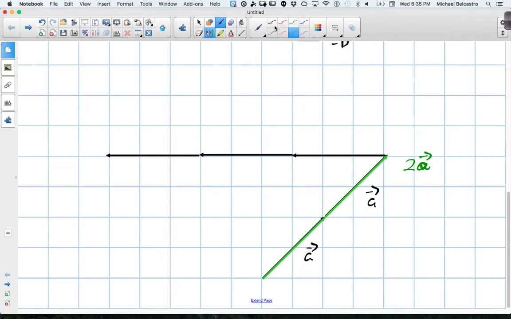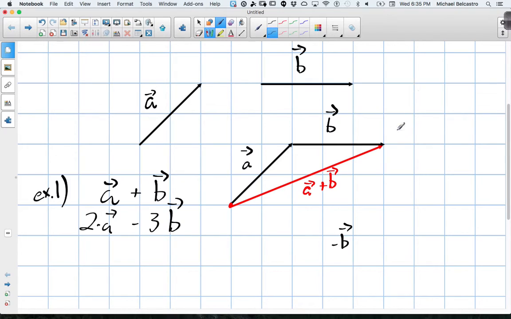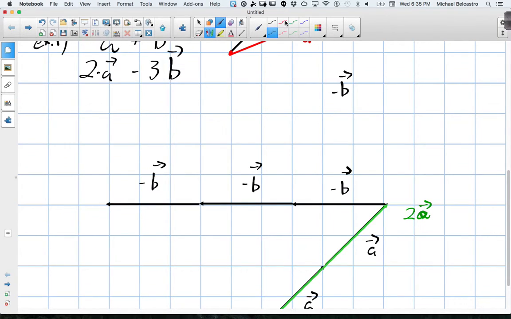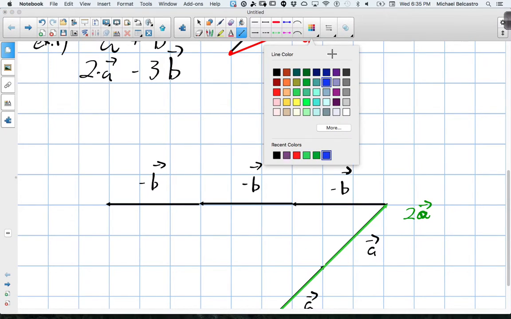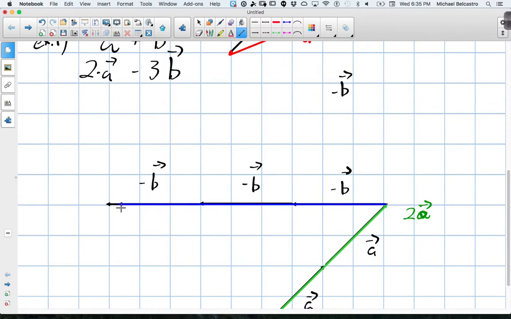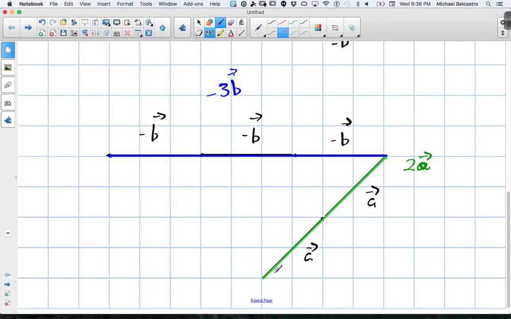It's not quite tail to tail, but as best we can here. Here's vector B. There's 2 of them. There's 3. And actually, this isn't vector B. This is vector negative B, right? Because our original vector B was heading in an east direction. These are all heading in a west direction now. This is the equivalent of, and we'll make a blue line here, negative 3 vector B.